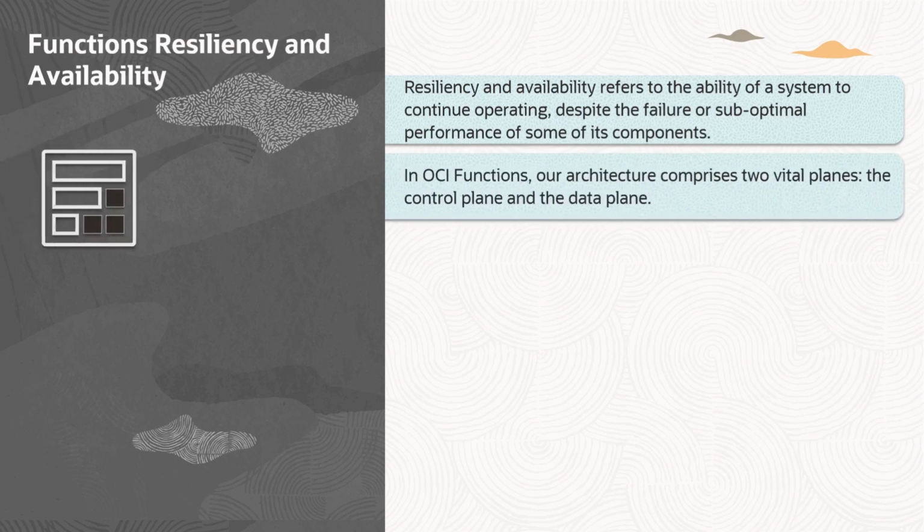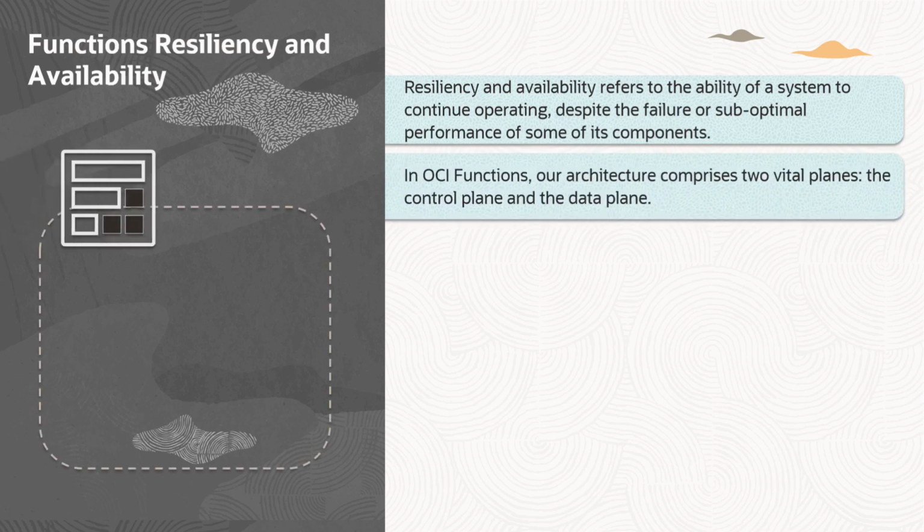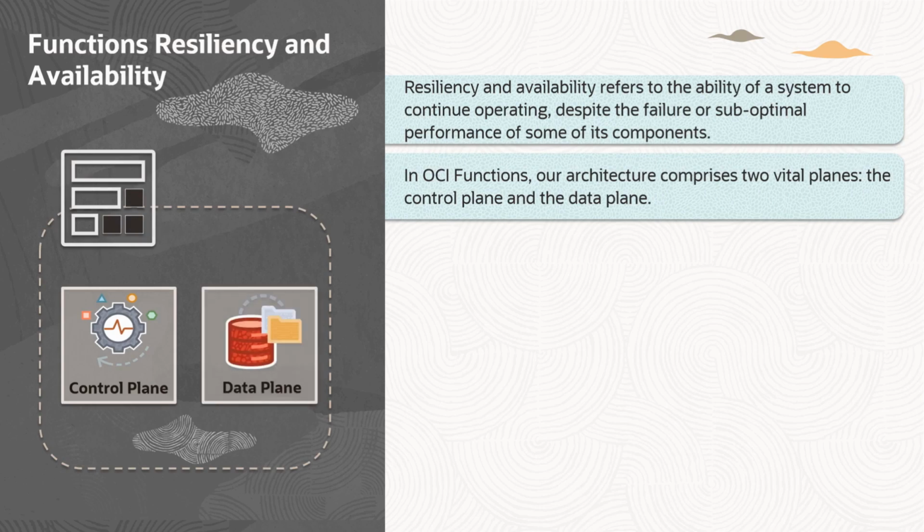The architecture of OCI functions comprises two essential components, the control plane and the data plane. The control plane handles function definitions, while the data plane executes functions upon invocation. This separation of responsibilities allows for efficient management and execution of functions.